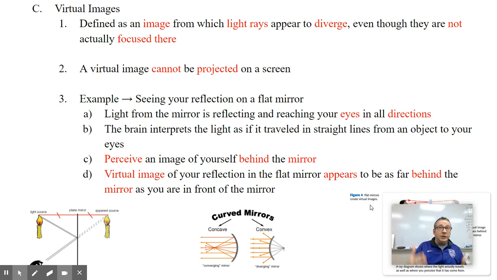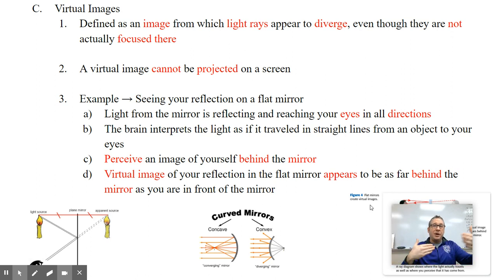So when you're looking at a mirror, you perceive yourself as being actually double your distance away than you actually are from the mirror. So, for instance, if you find yourself standing 2 feet in front of a mirror, your mirror image is going to appear as though it is 2 feet on the other side of the mirror.